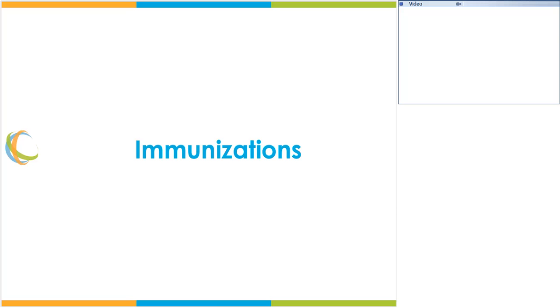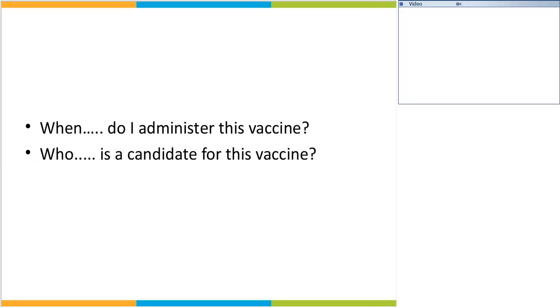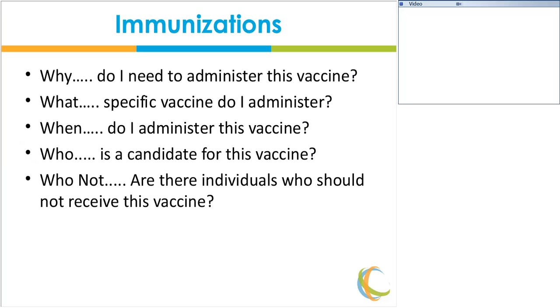Okay, we're going to move on quickly to immunizations. We're almost done here. In immunizations, you need to think about, why do I need to administer this vaccine? What specific vaccine do I need to administer? When? Who is a candidate for this vaccine? And who would not be a candidate for this vaccine?